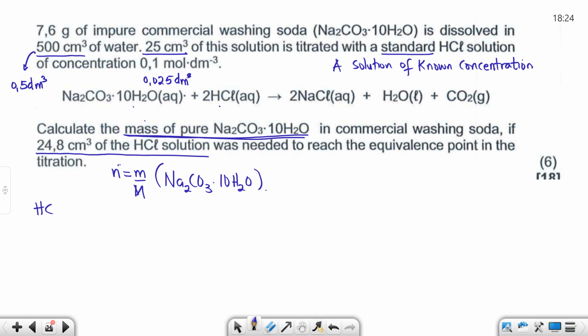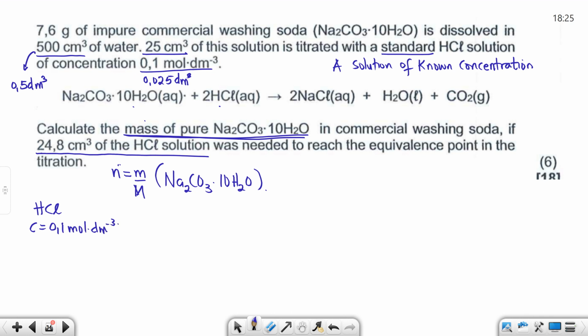Now, for HCl, let's make a list of what we have. Go back to the original question. What do I have? Concentration. This is why I love to change, because it's mole per dm cube.